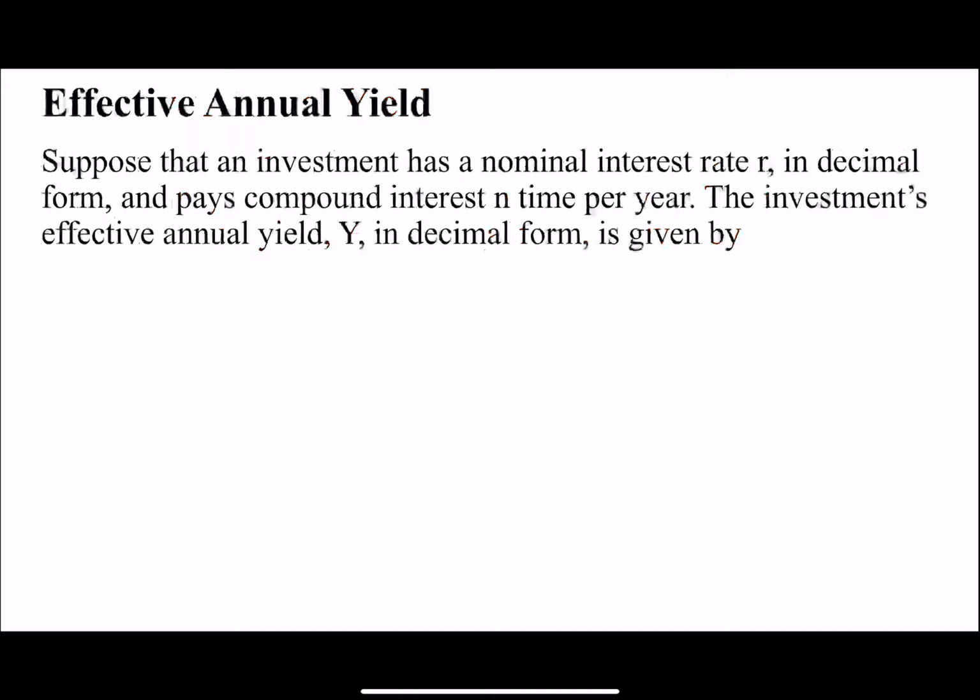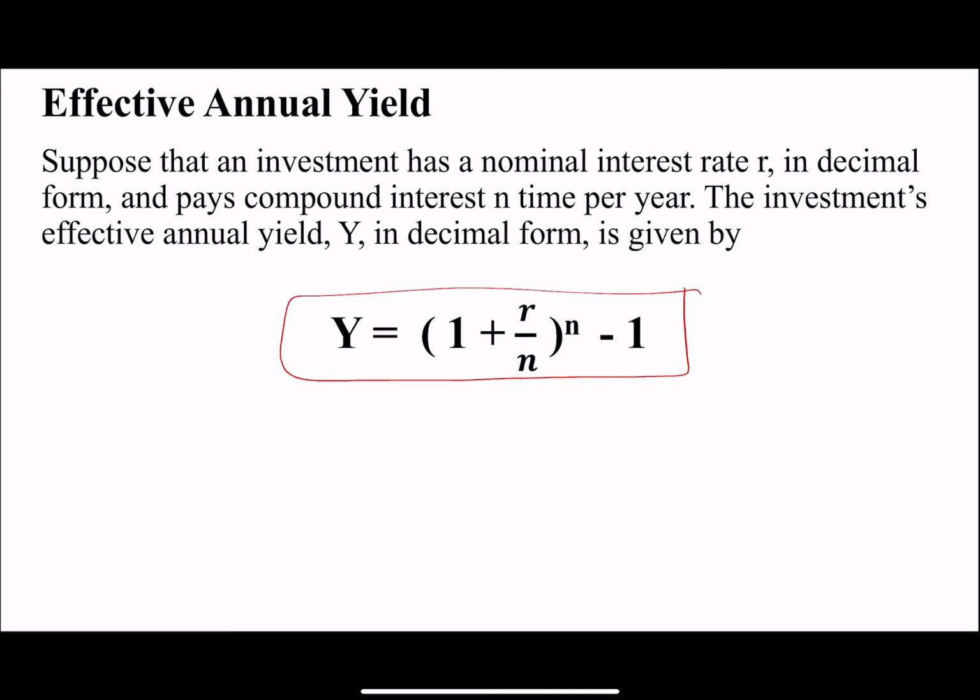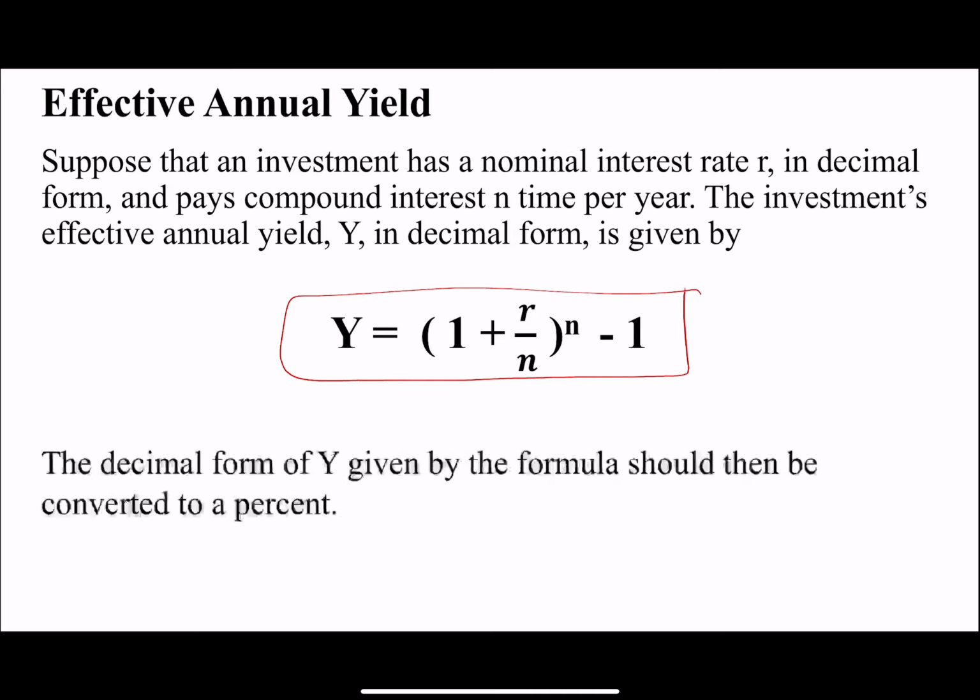The effective annual yield in decimal form can be found by this equation. You can directly use this equation to find it, okay?